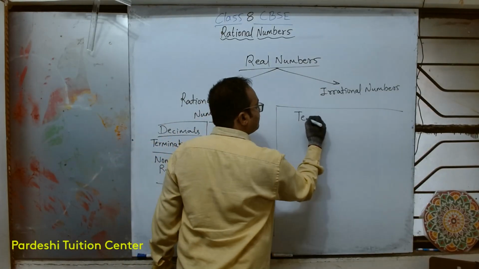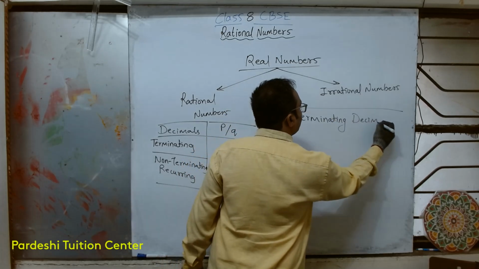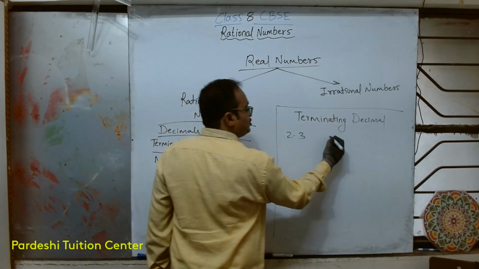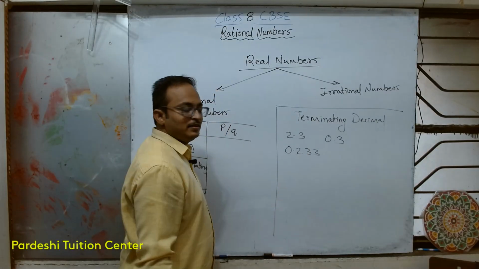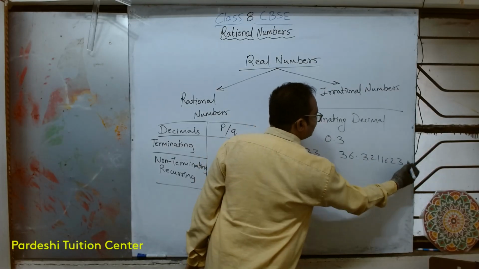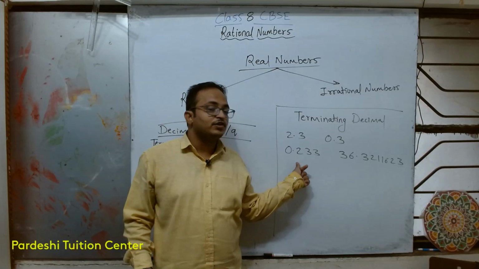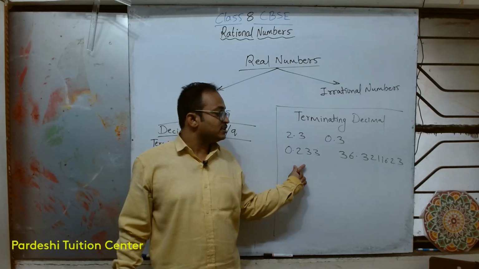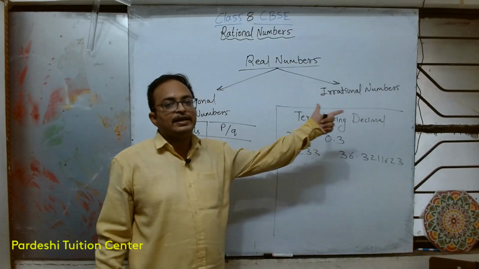So terminating decimal means 2.3, 0.3, 0.233, 36.321163. Okay, there can be n number of digits after the decimal point, but they must be countable. There must be some definite number of countable digits after the decimal. Those are called terminating decimals.